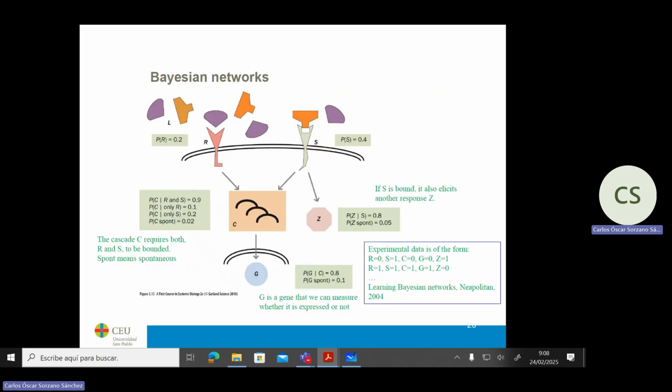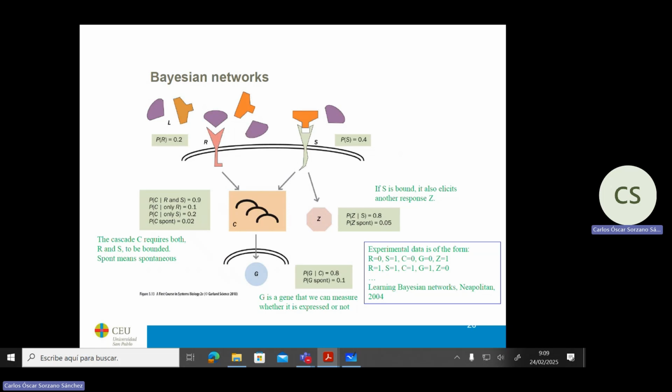And this is very much used also in proteins. Let's say that you have a signaling cascade here, and this cascade depends on two things: these two receptors that you have in the membrane being bound. Then you have the different probabilities: the probability of this receptor being occupied, the probability of this receptor being occupied, and then the probability of this cascade happening.